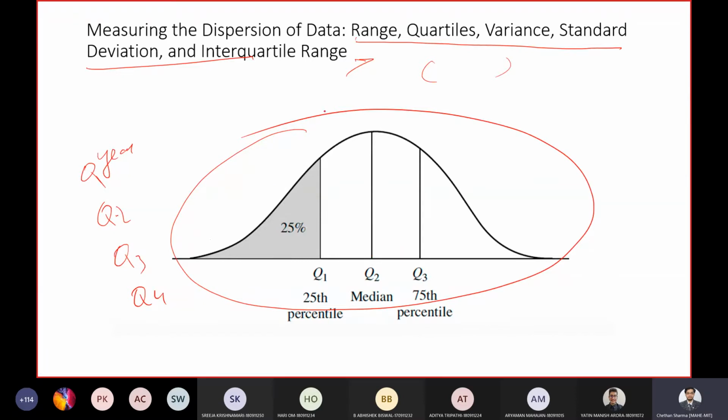When you draw a quartile graph, you will get mainly three pieces of information: the data distribution's center, the spread, and also the shape.